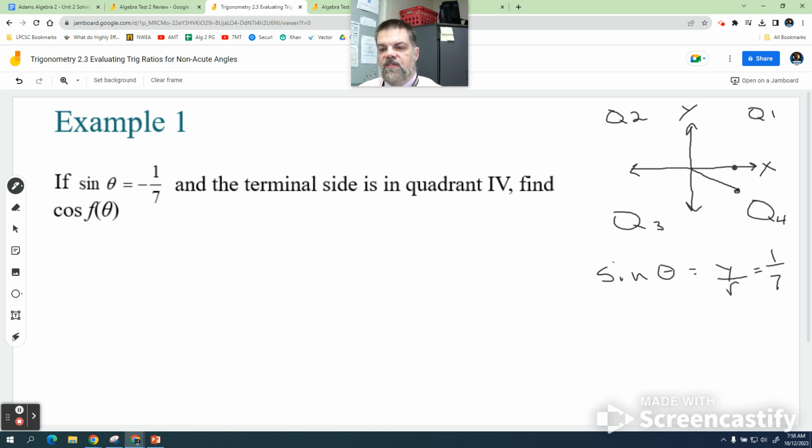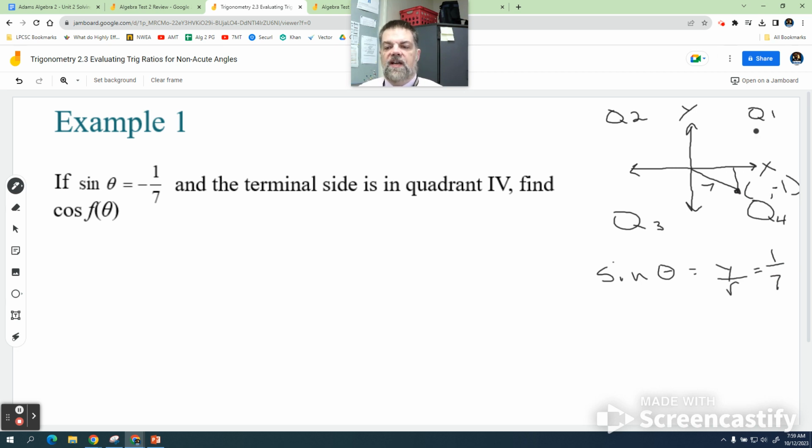Where the negative comes in, I don't know what x is, but I know that to live here, my y value has to be -1, because the radius is always going to be positive, right? It's only the x and y values that can be negative.